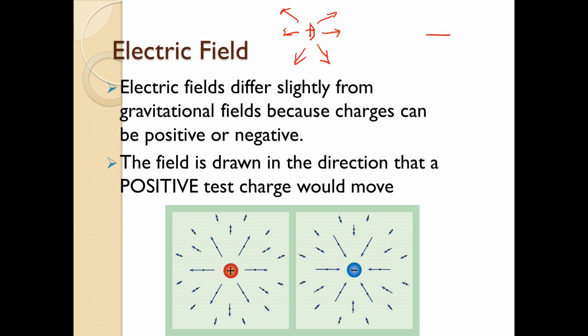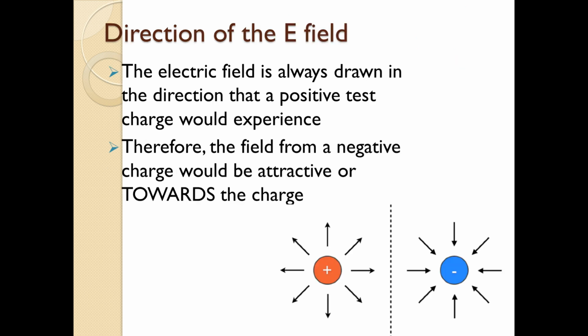The minus charge, on the other hand, kind of looks like a dead person, and the person's dead because it was shot by the arrows. It's a silly mnemonic, but if it works, great. The arrow goes away from the positive and towards the negative.